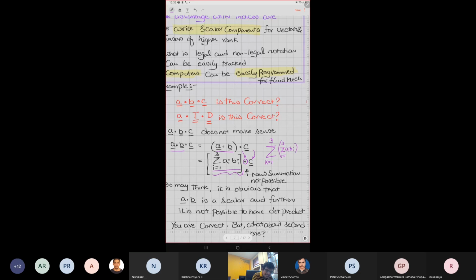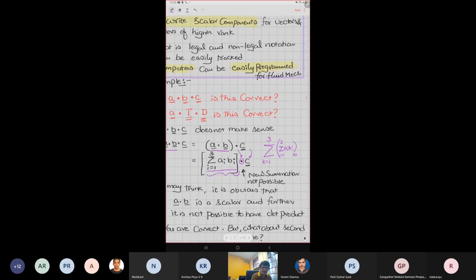In case this entire thing had an index of k, I would be in a position to write that, C might be repeated in that way. But when I already summed it up, there is no repeated index. So by definition, I cannot really write that. So this one cannot be permitted legally.